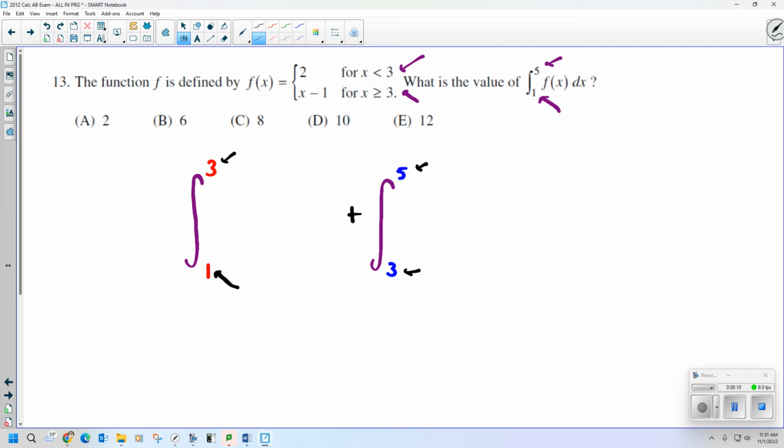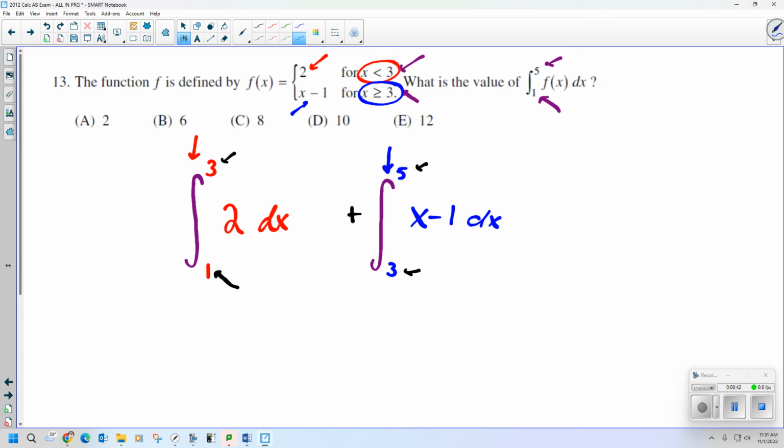That would cover from 1 all the way to 5. But for this integration from 1 to 3, those are x values that are less than 3. So I'm going to integrate this part. I'm just going to integrate 2 dx. And for the integration on the right side of the plus, my bounds go from 3 to 5. Those are values that are bigger than or equal to 3. So I'm going to integrate x minus 1 dx.